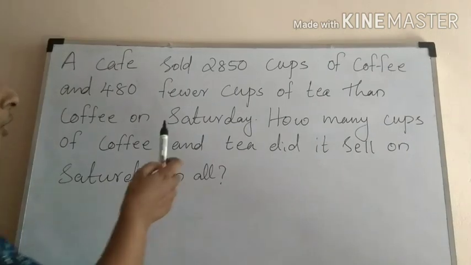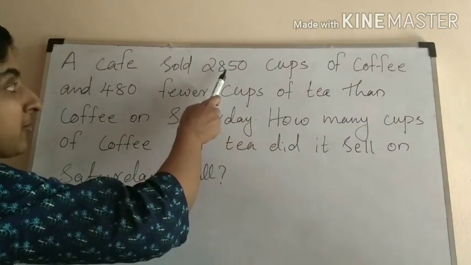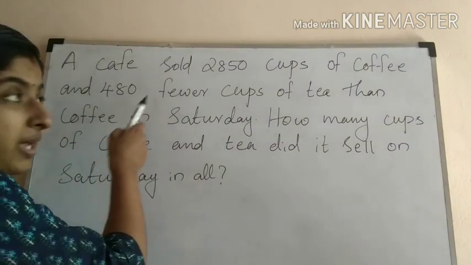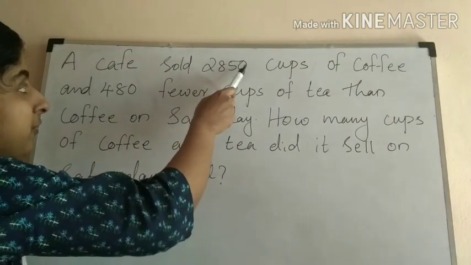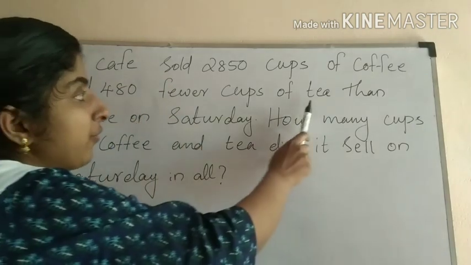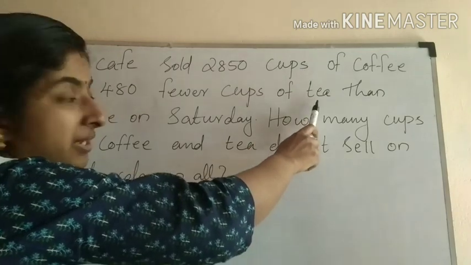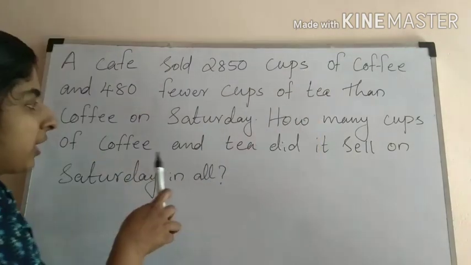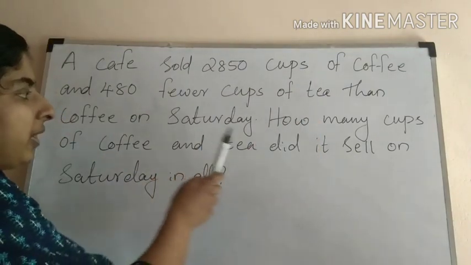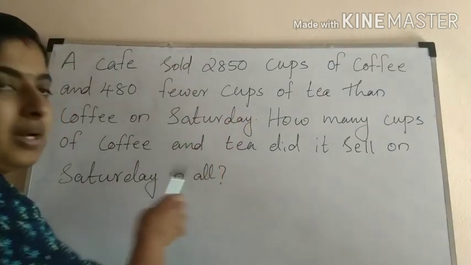That is addition. How to find the number of teas? Number of coffees minus these fewer cups. That means 2850 minus 480. That way we get the number of teas. So the number of coffees and number of teas are there. After that we have to find the total of this coffee and tea. That is addition. Here subtraction, here addition.